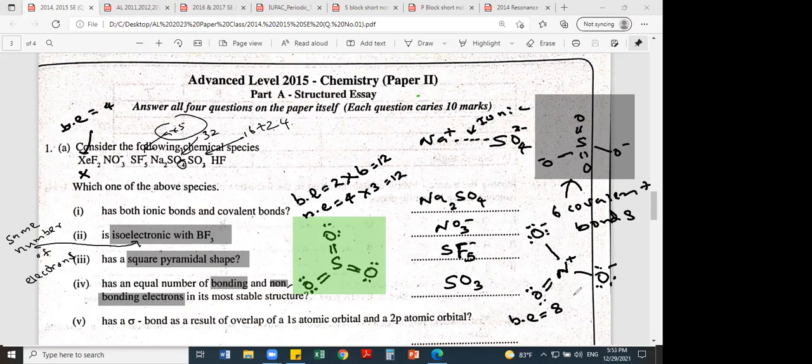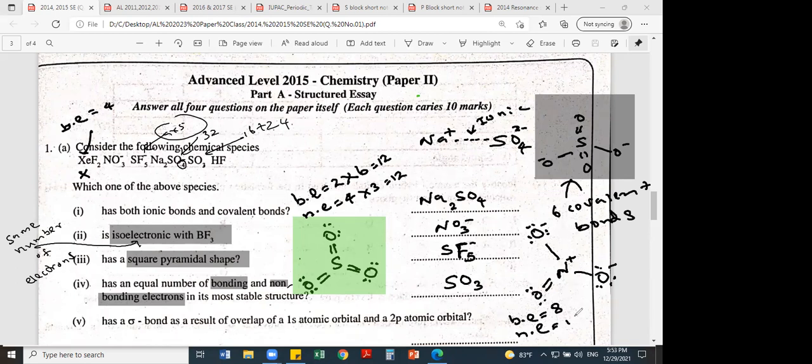There are 16 bonding electrons and non-bonding electrons are 16 here. That's why. So therefore NO3 minus we can't take.